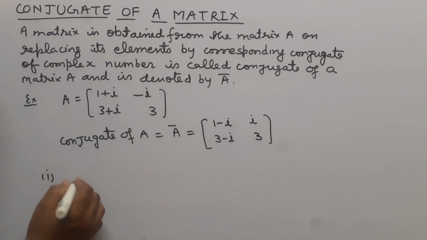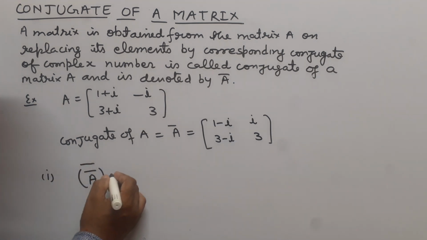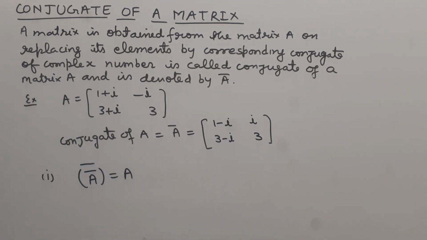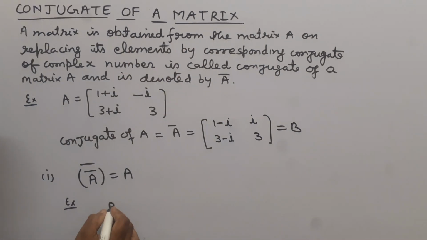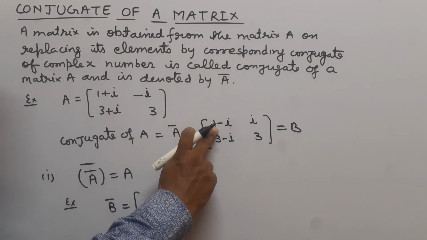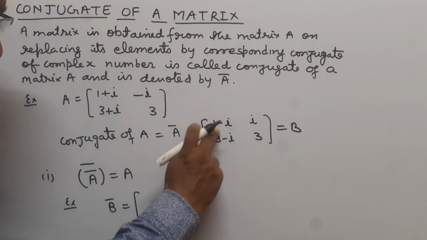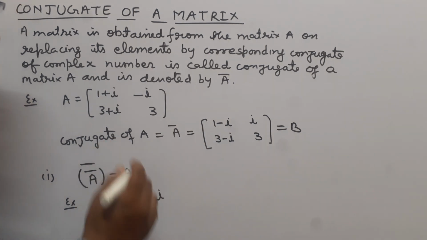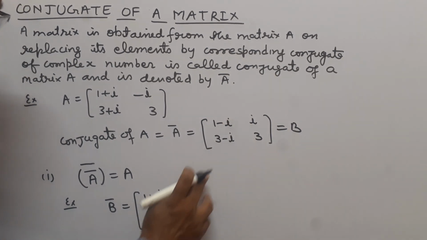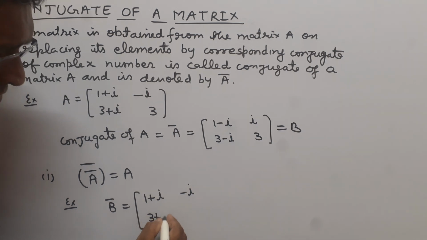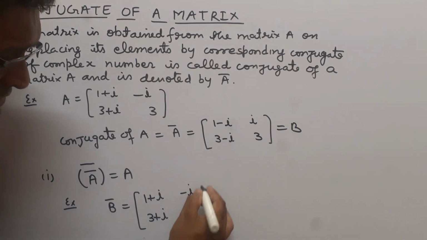We know that if we find the conjugate of the conjugate of a matrix, this is equal to the matrix A. For example, suppose this is matrix B. When we find the conjugate of B, we replace 1 minus i by its conjugate 1 plus i, conjugate of minus i is i, conjugate of 3 minus i is 3 plus i, and conjugate of 3 is 3.